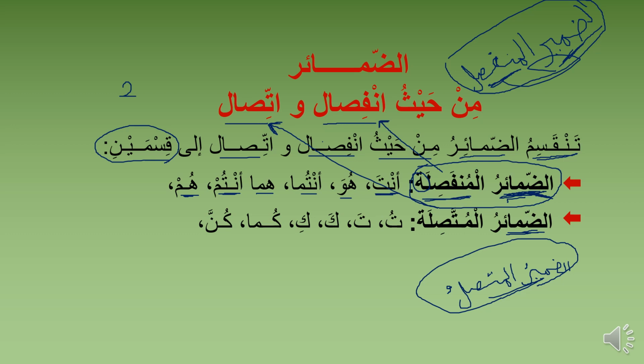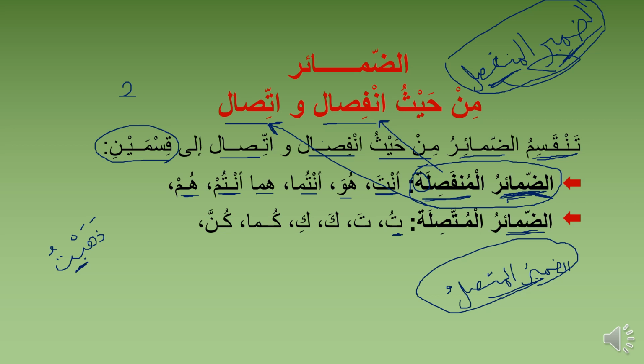So let's look at the example. We have tu. Tu is a pronoun, but it can't stand on its own. Like zahabtu, for example. Zahabtu. So you can see the connection between them.